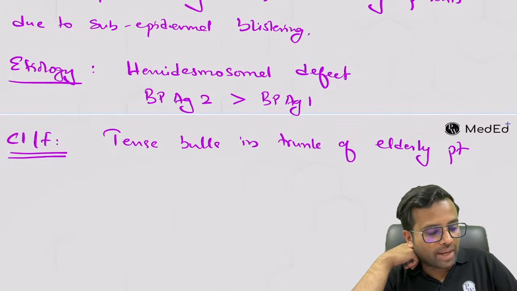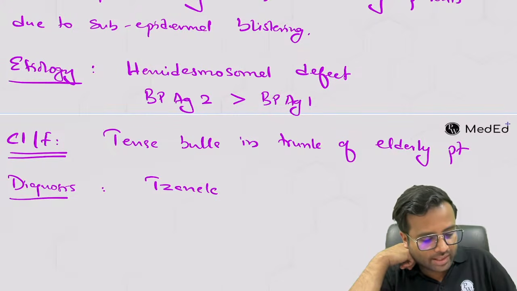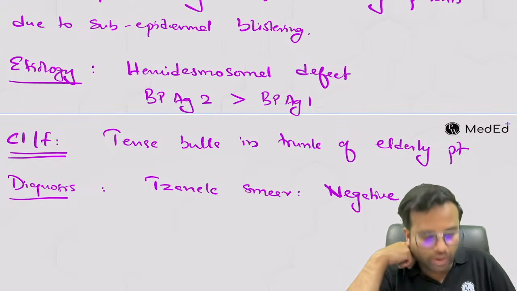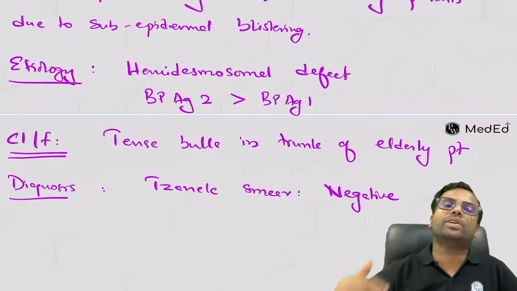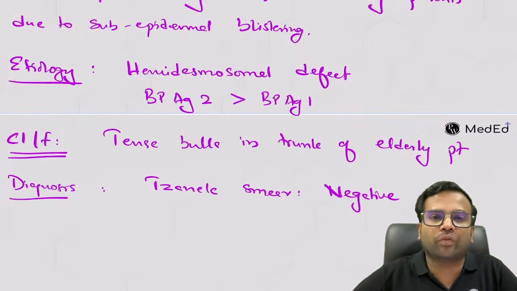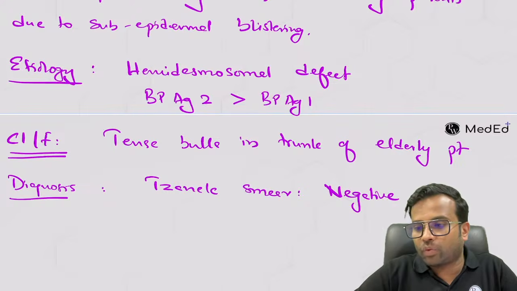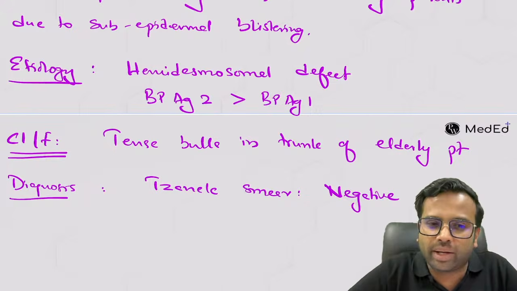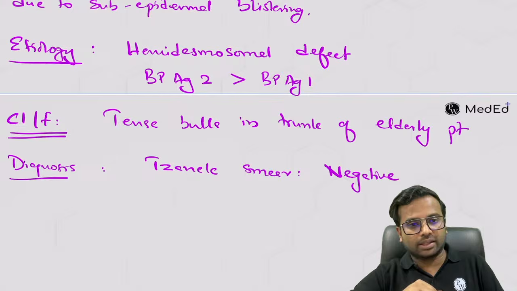And how do you make a diagnosis, or what are the investigations? यहाँ पे the Tzanck smear is going to be negative. There will be no finding in a Tzanck smear because Tzanck smear can only see some superficial changes. Superficial मतलब within the epidermis. पर यहाँ पे where is the bulla? The bulla is underneath the epidermis, right? So easily it will be negative. But what about other things that can be done?